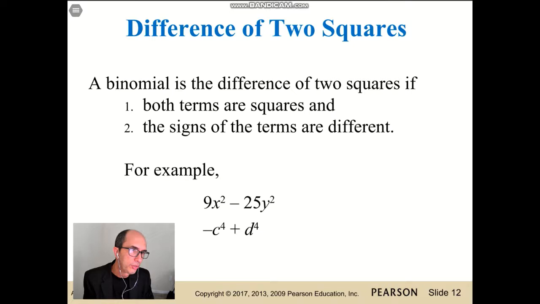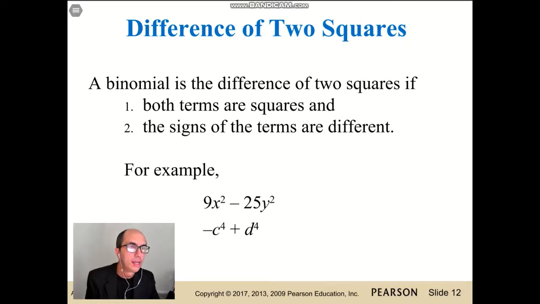9x squared minus 25y squared, both are squares and the signs are different. Negative c to the fourth plus d to the fourth. Both are squares, c squared is squared and d squared is squared, with different signs.